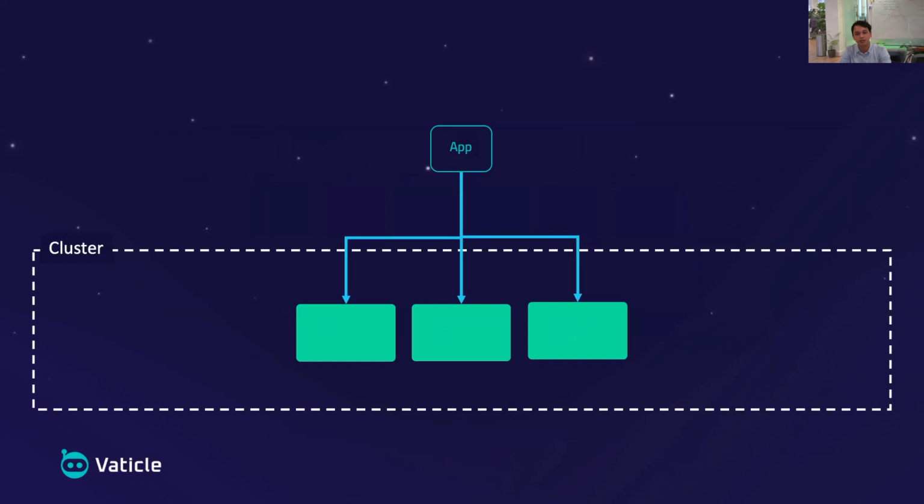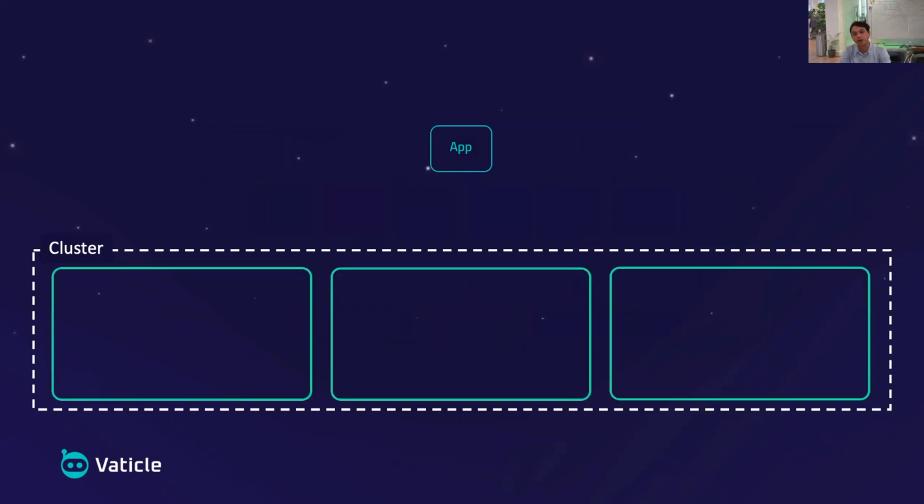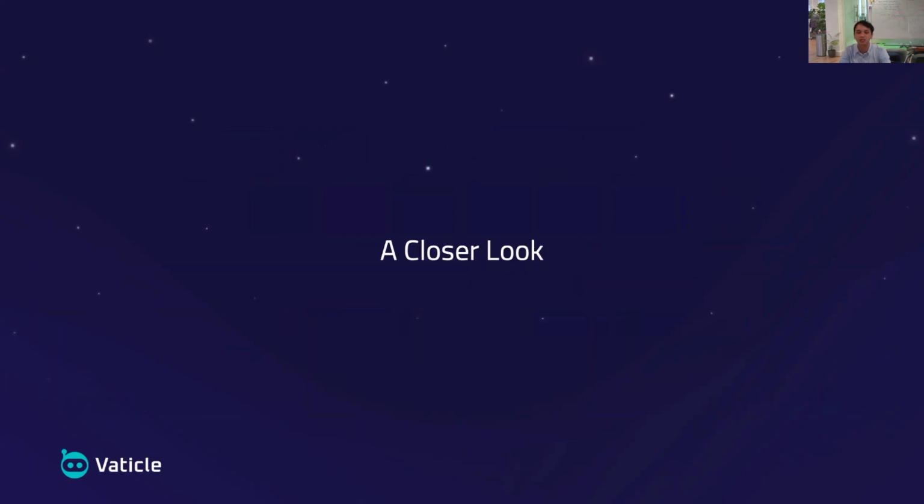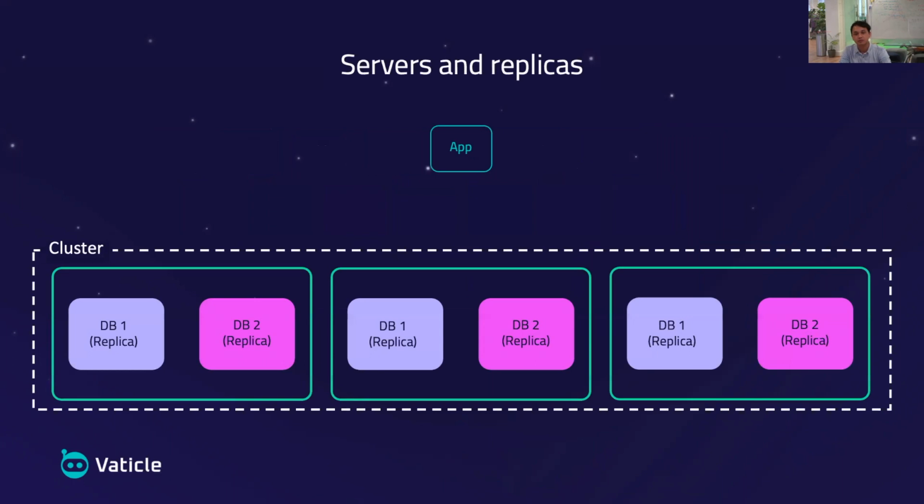So let's take a look at this diagram and simplify it a little bit because I want to make room for us to look at what's inside TypeDB Cluster. In this diagram we have a typical deployment of an application and a cluster, and the application will be connecting to the cluster.